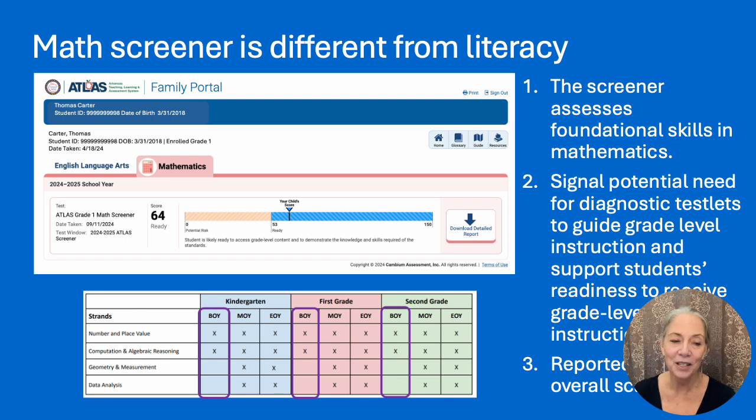So a beauty of this system is that you will have access to all of the scores that the students take within the Atlas system. So you can actually keep an eye on it as it happens. You don't have to wait for a piece of paper to be sent home anymore. You can log in and see your results.